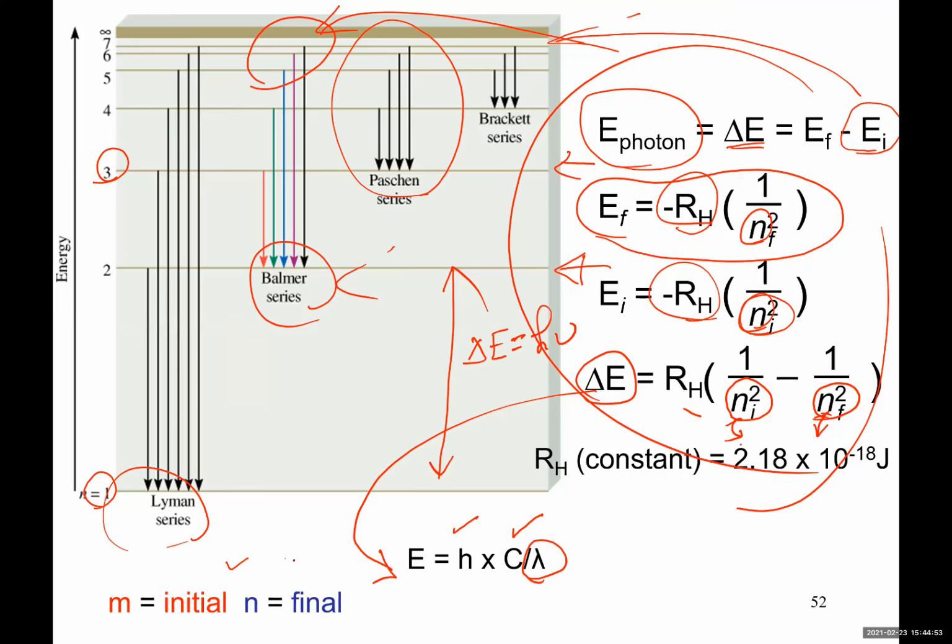N shows the final level they are dropping to. So instead of Ni squared, we write M squared. Instead of Nf, we write N squared. This is just to make sure we can confuse you. Otherwise, it would be too boring for you if we used the same letter system. We're trying to impress you by changing the letters on you.